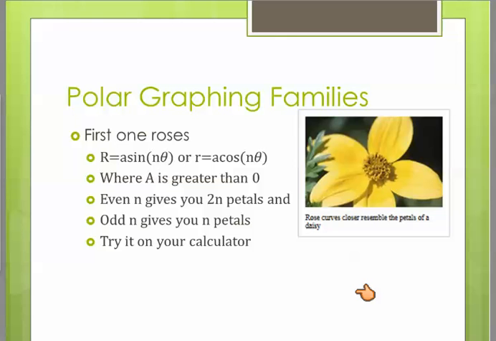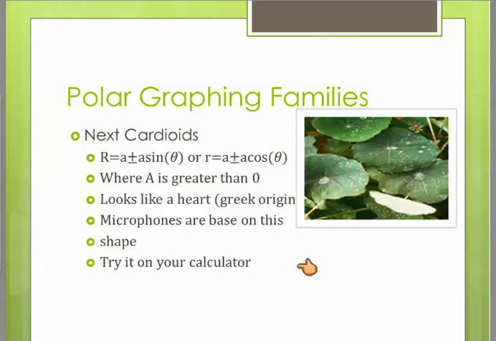If you're looking at cardioids, it depends upon what we're doing, either plus or minus and whether it's sine or cosine, but you're going to be able to figure out it's either across the y-axis or across the polar axis. One or the other is where you're going to be able to fold it and find that line of symmetry.